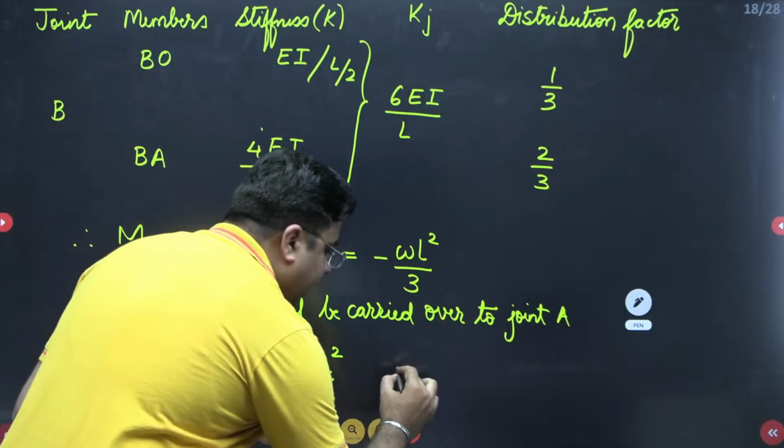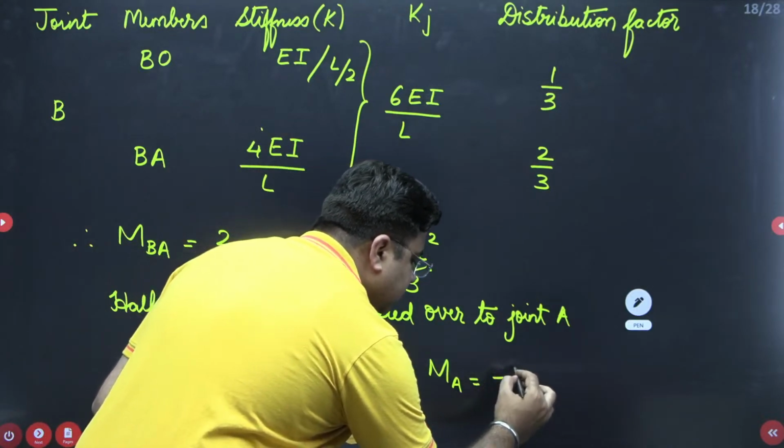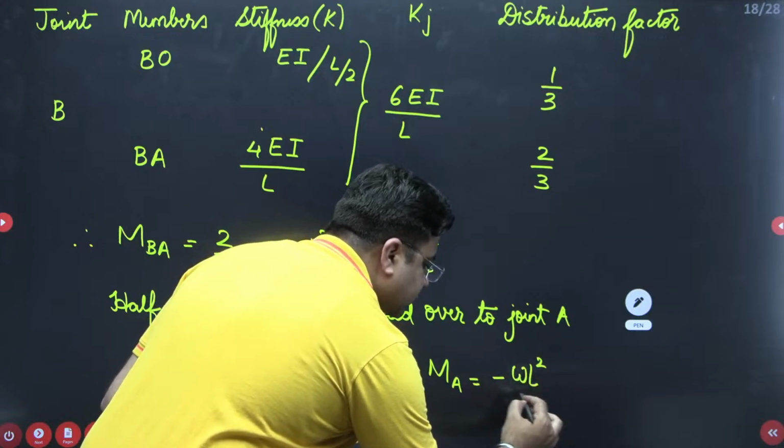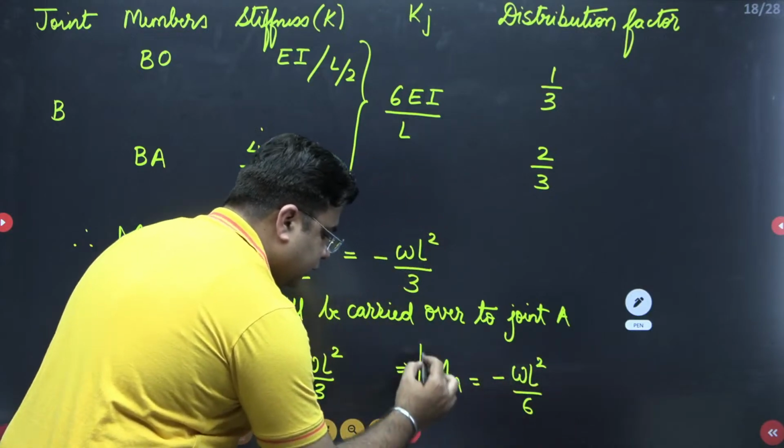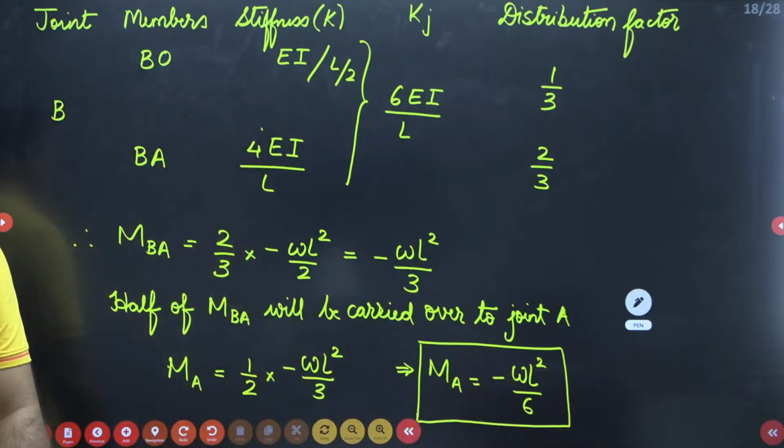So the moment at A comes out to be minus WL square by 6. This is your actual moment at A, minus WL square by 6.